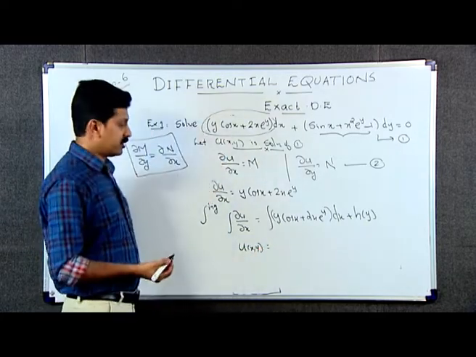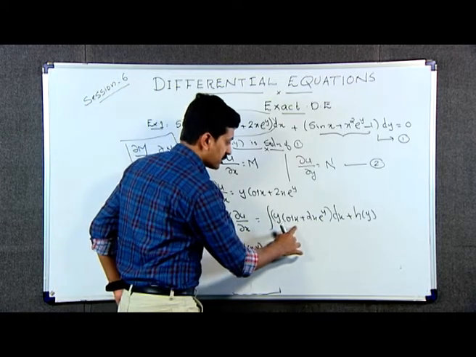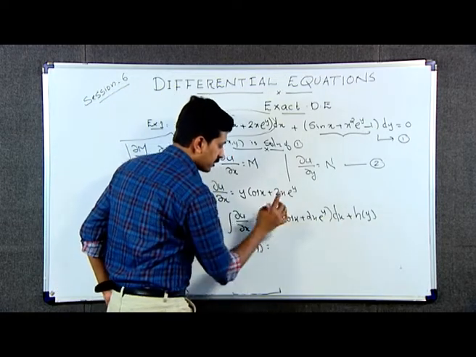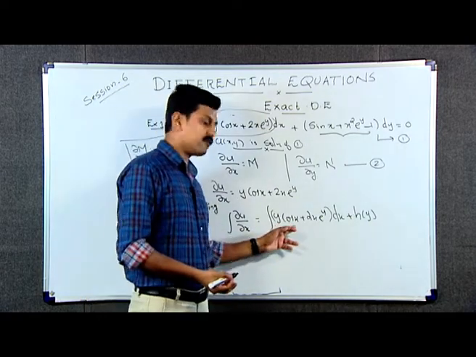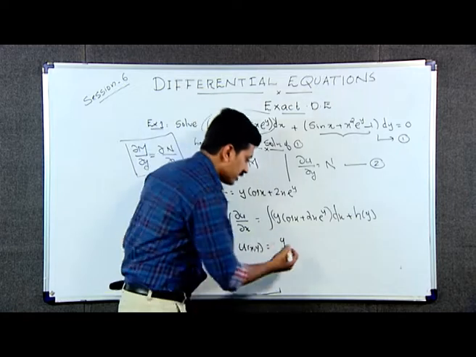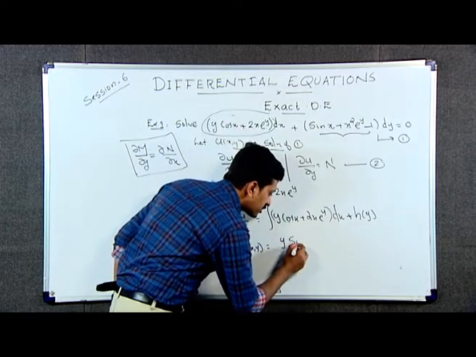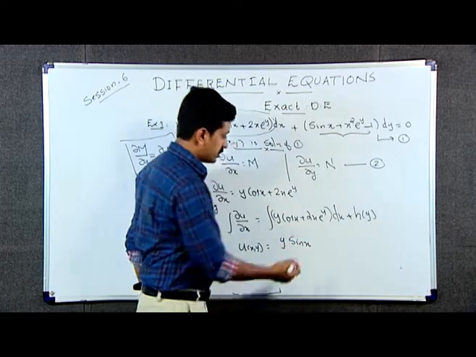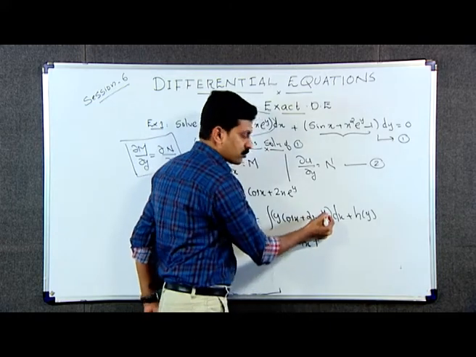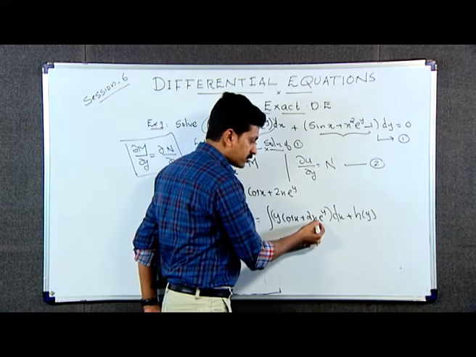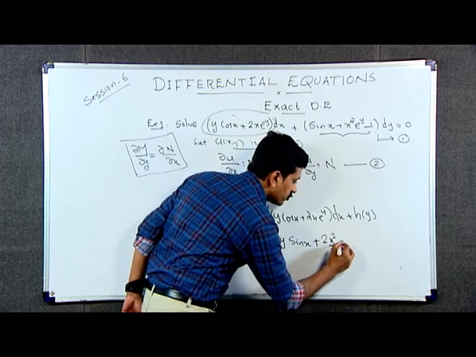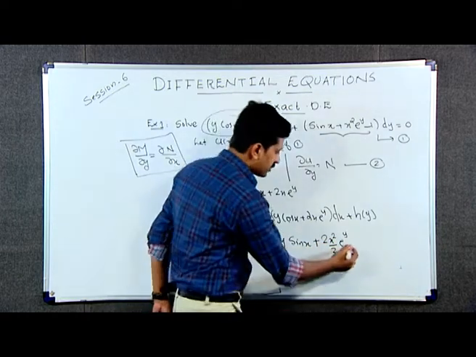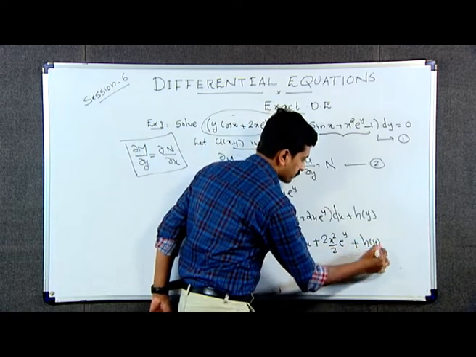So, u of x, y is equal to the integral of y cos x with respect to x. Y is a constant, and the integral of cos x is sin x. We treat e raised to y as a constant, and 2 as a constant, integrating only x, which gives x square by 2 e raised to y plus h of y.